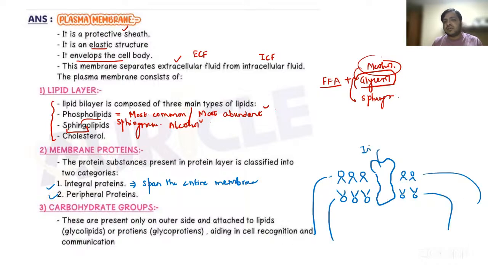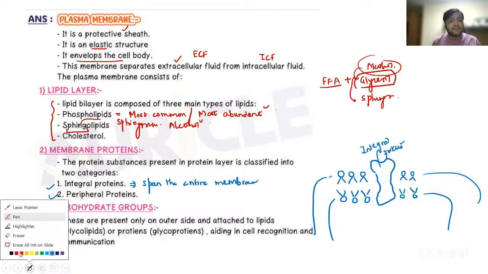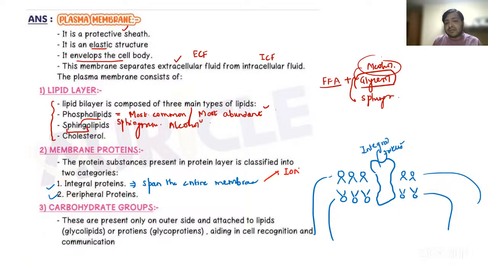These are the integral proteins. These integral proteins can function as ions, I will be discussing that, or as channels. These proteins allow the transport of some molecules from ECF to ICF or from ICF to ECF. And when we say some molecules, it means the selective permeability of the membrane. It will only allow some molecules to pass from outside to inside and vice versa.